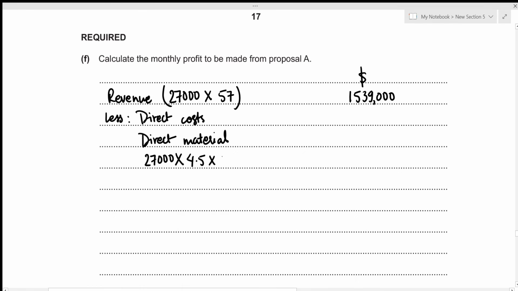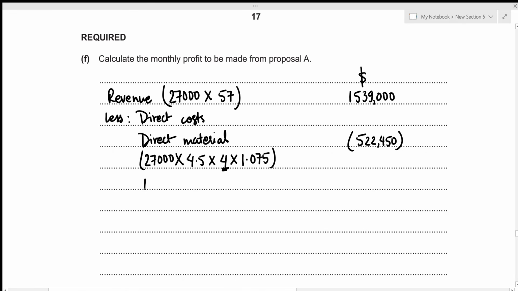Previously, we've been using the cost per direct material to be $4, but now we need to increase this $4 by 7.5%. So in order to do so, we can just multiply it with 1.075, right? Now this gives us the total material to be 522,450.